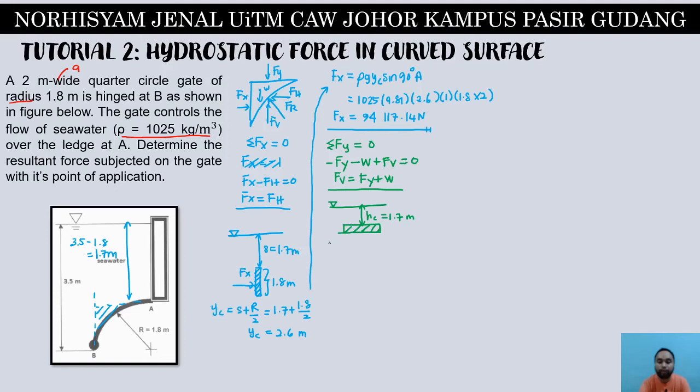Fy is equal to rho g hc A, which is equal to 1025 times 9.81 times 1.7 times 1.8 times 2.